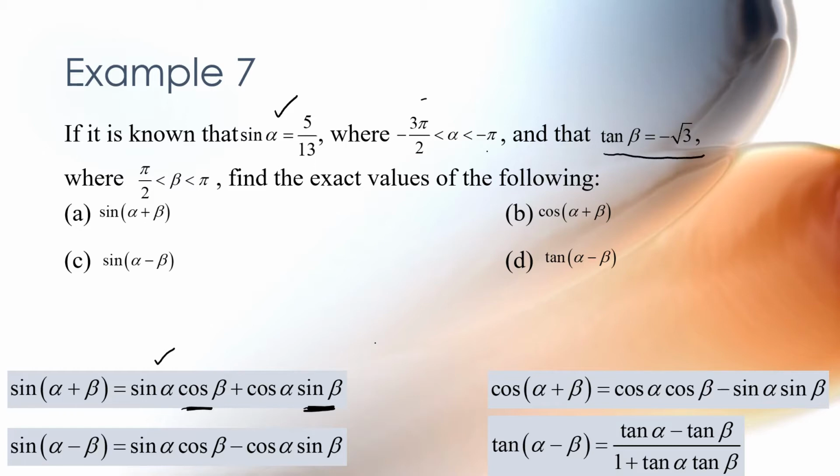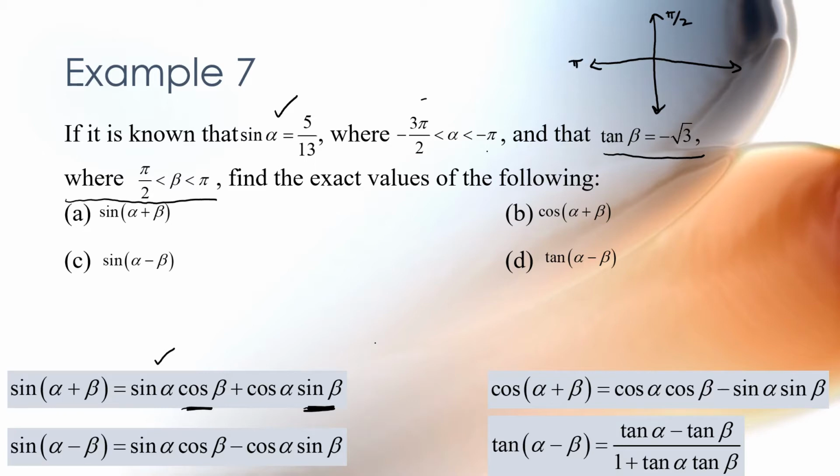And we're also told something about beta. We're told that beta is between pi over 2 and pi. Now if you think about a circle and you think about that space between pi over 2 and pi, that puts me in the second quadrant.